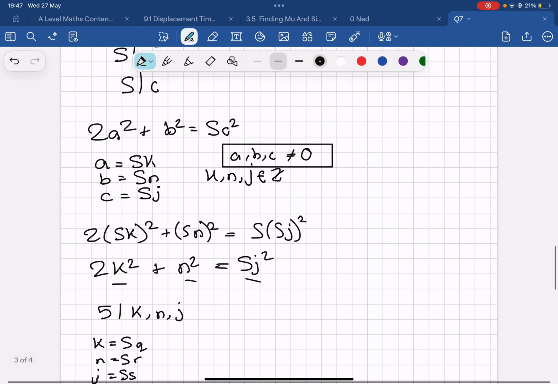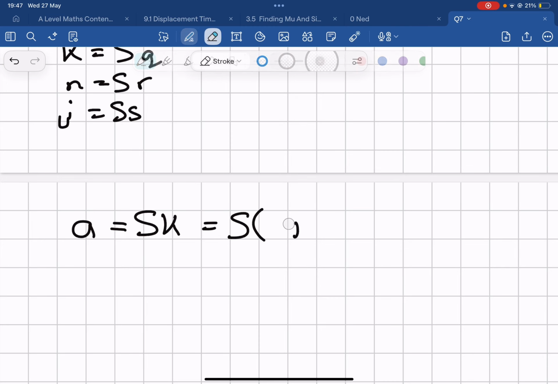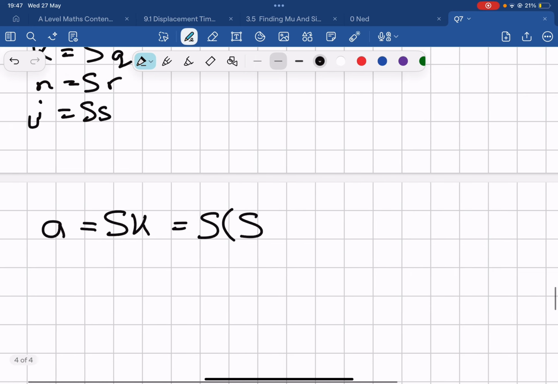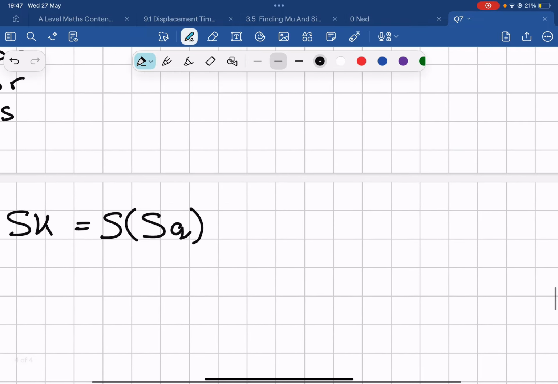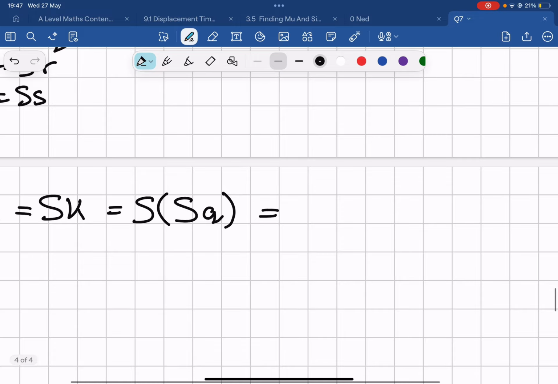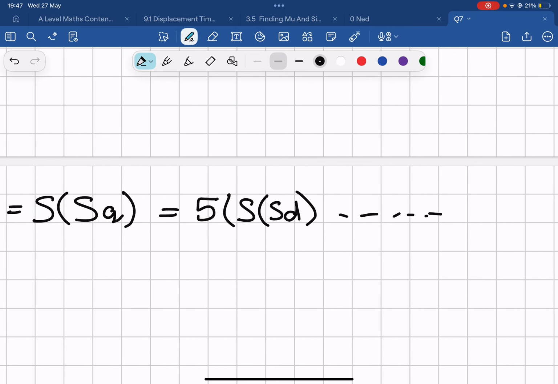Originally we said that a equals 5k, and k was also a multiple of 5, so k equals 5q. And we could also say that q is divisible by 5, so we say 5 times 5 times, let's say, d, and so on and so forth.